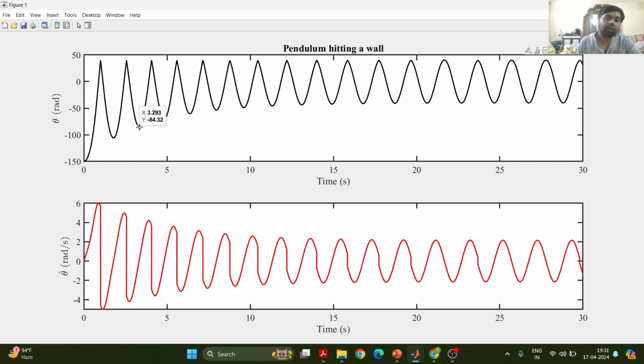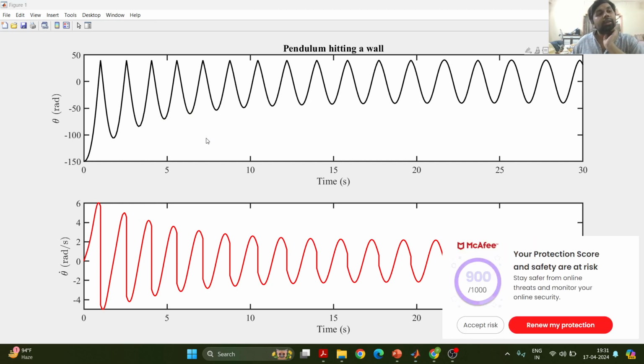So it will reach smaller and smaller angles with every impact. Here the sign is negative because we are looking at angles which are clockwise, in a clockwise sense, so that's why negative.